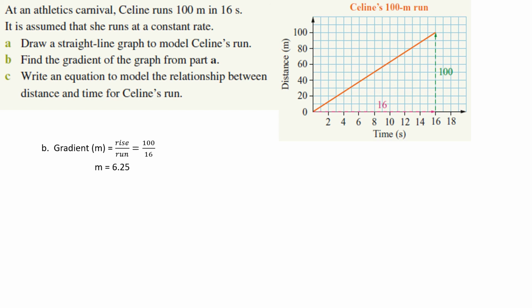So if we remember our formula, y equals kx, k is also equal to m, so k is going to equal 6.25, and our y, which is our dependent variable, is going to equal d, and our x, which is our independent variable, is going to equal t. So our equation to model the relationship between distance and time for Celine's run is D equals 6.25t.